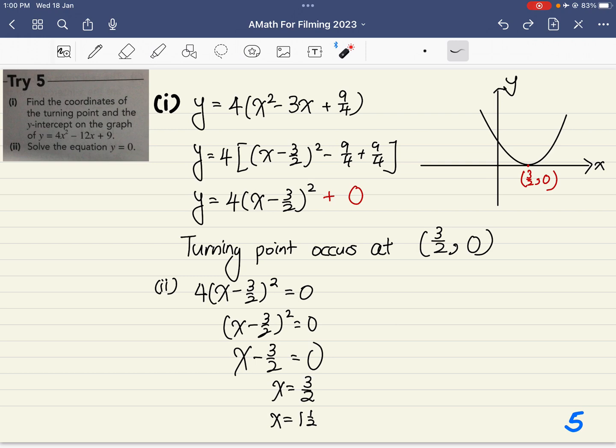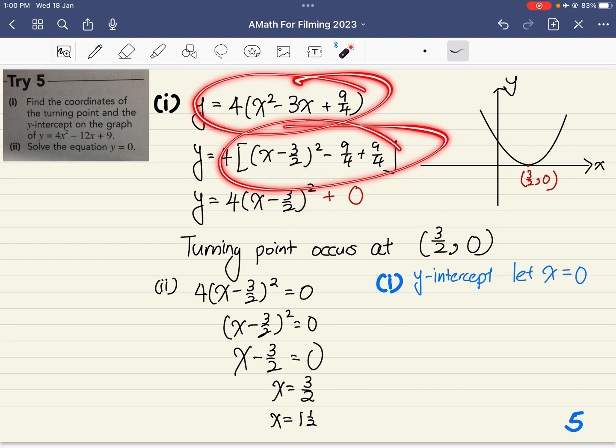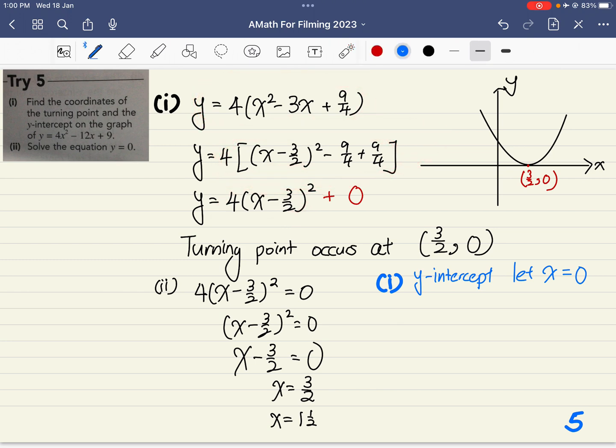To solve the equation, as you can see, I've already solved the equation over here. I think I missed out something, which is the y-intercept. So let me just write it out down here. For my y-intercept, let my x value be equal to 0. Let me substitute this into here. You can substitute this into here or here even if you want, but let's not create trouble.